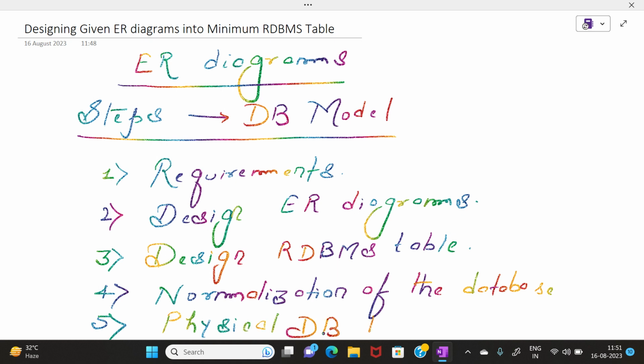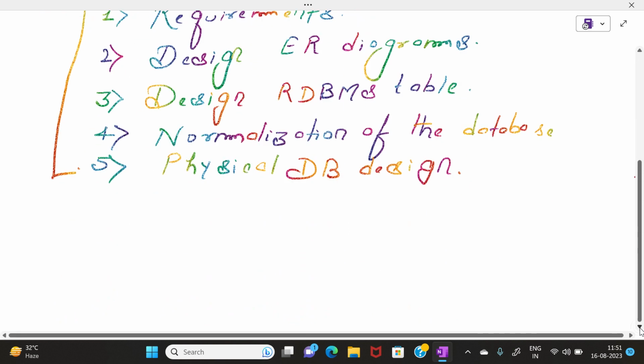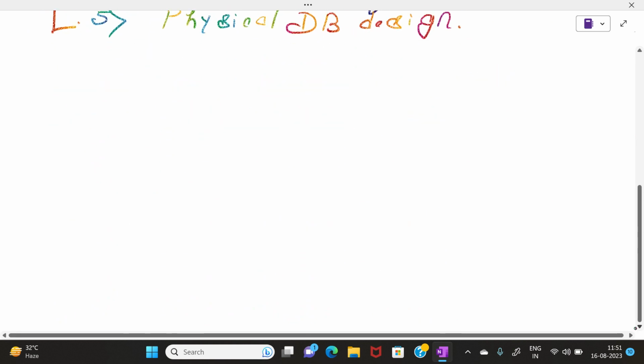So these are the steps we need to follow while designing the DB model. We are on the third step, that is designing the minimal DB model, or minimum RDBMS tables, from the ER diagram.